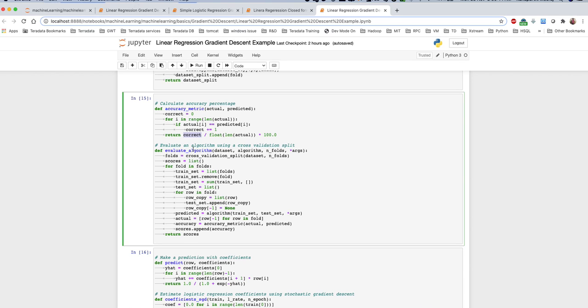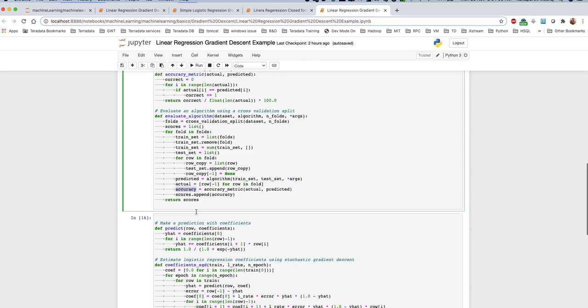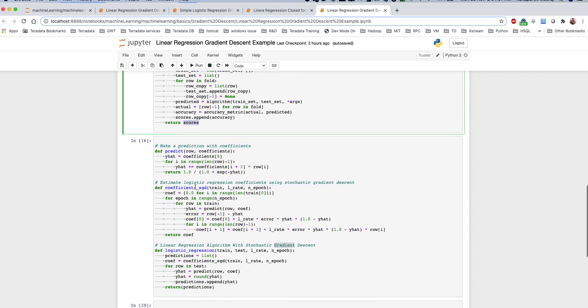In this evaluation method, we take the training set and get the model, and from the model we take the test set and calculate the accuracy, and based on this we update the scores.